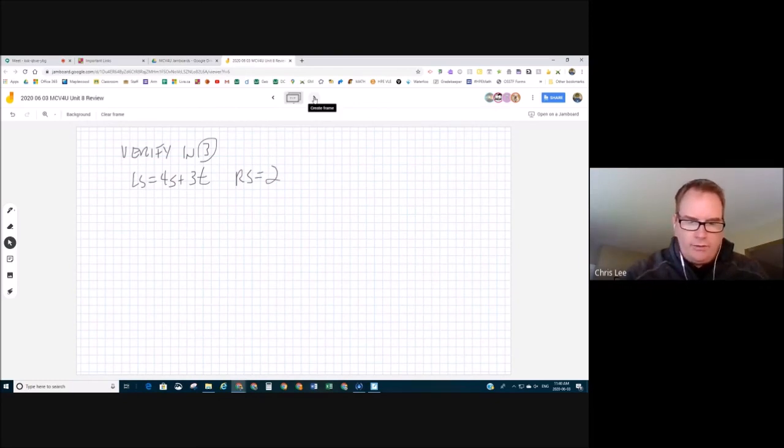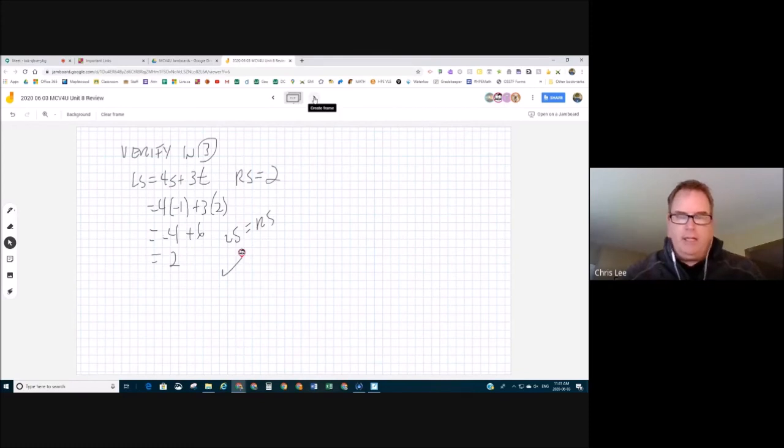So I plug in those two values that I just solved for, s was -1 and t is 2. So -4 plus 6 is 2. Left side does equal right side, and it does verify. So that means that these s and t have guaranteed that not only did I find the matching x and the matching y, but I also found the matching z.